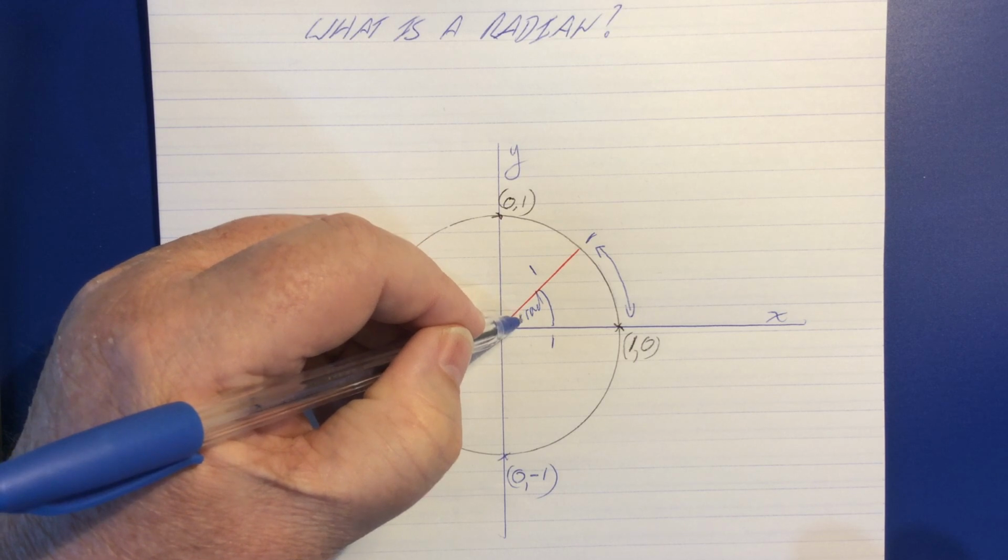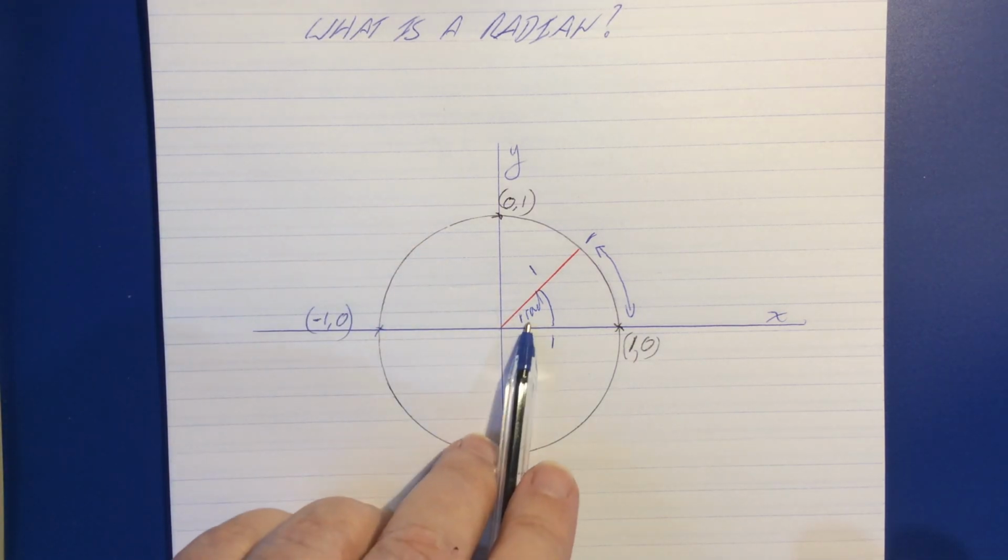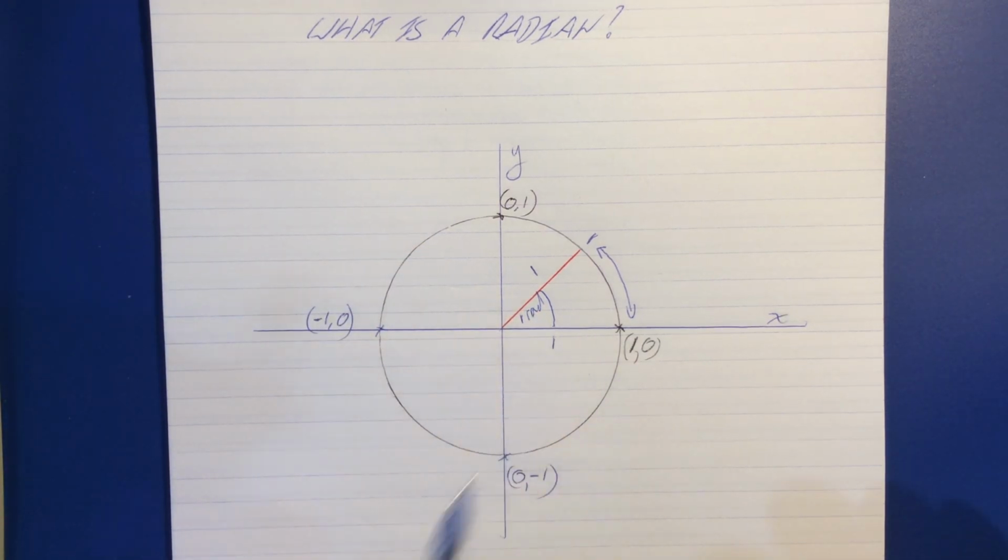R-A-D. It's abbreviated to rad, 1 radian. Now, that is approximately 57 point something degrees. So it's very close to 60.